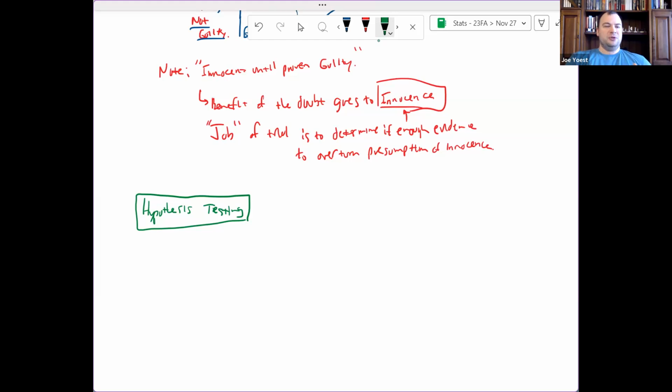We have two competing worldviews, and we call these hypotheses.